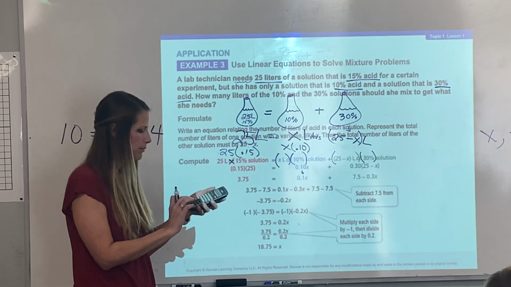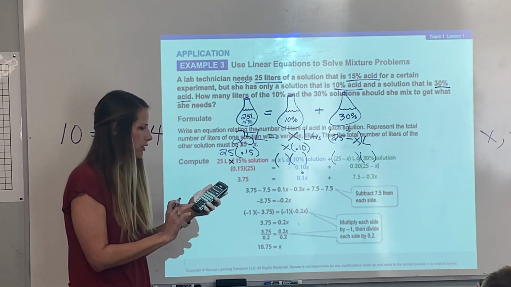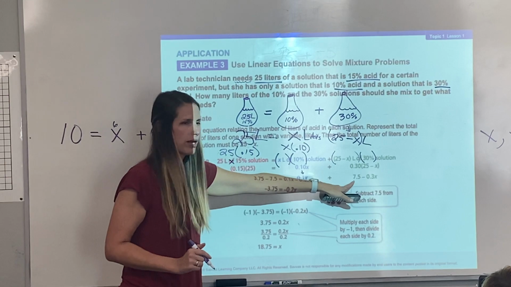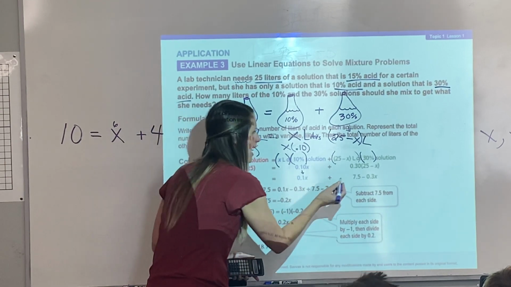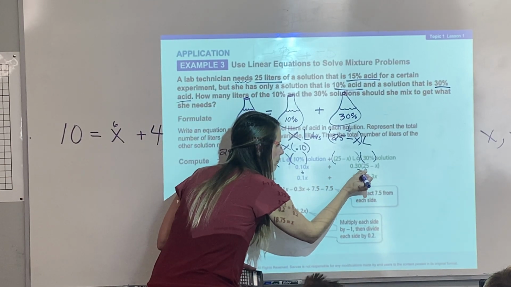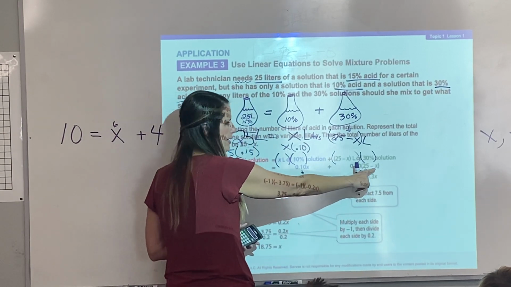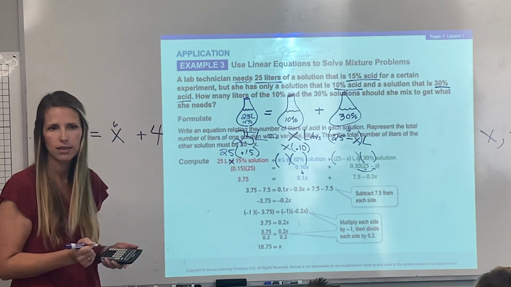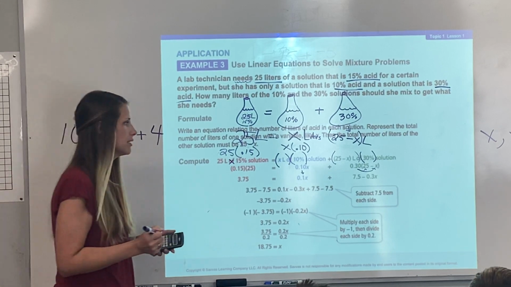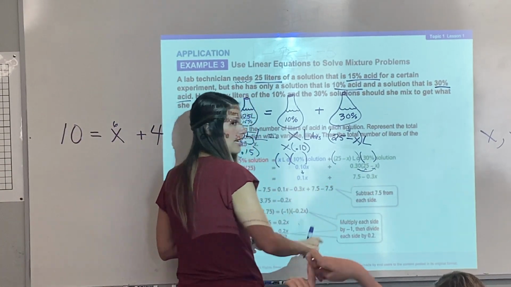25 times 0.3 equals 7.5. Oh, I forgot to draw my arrows. I'm just going to draw them underneath. What is really important about this x? This x is negative.